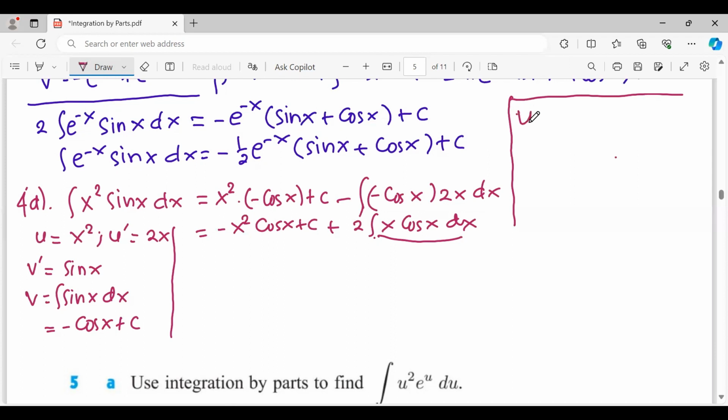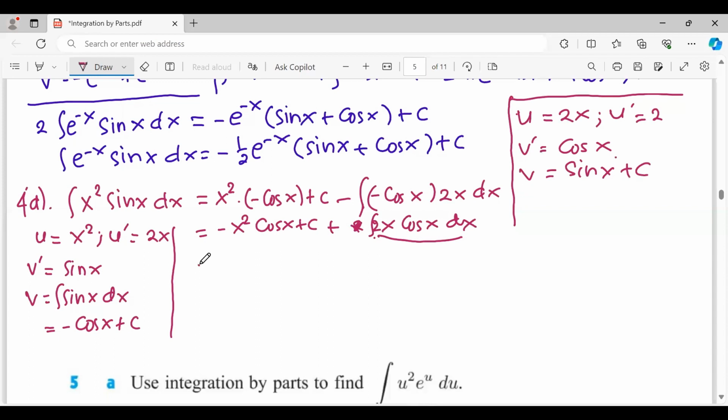So u equals x, the derivative of u is 1, and the derivative of v is cosine x, so v is the integral of cosine x dx.